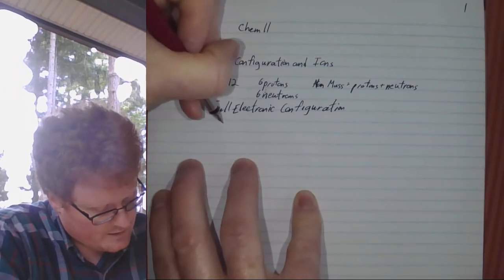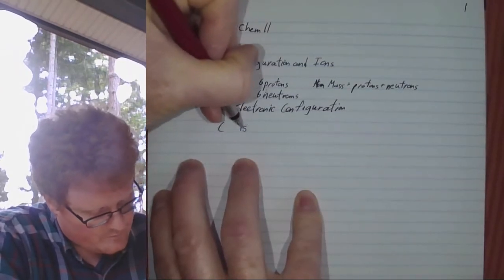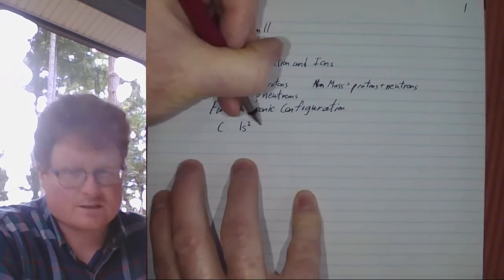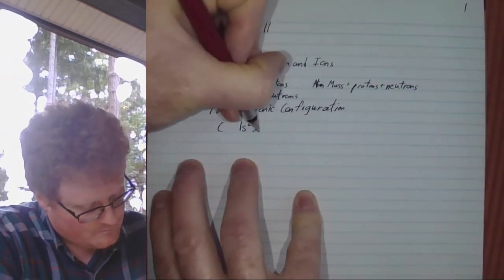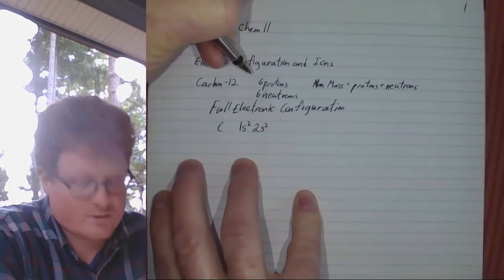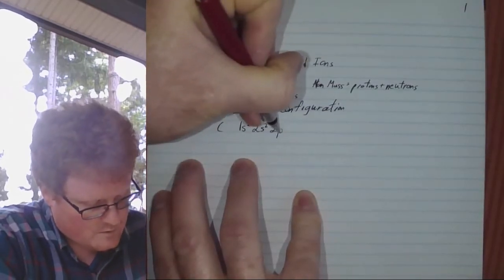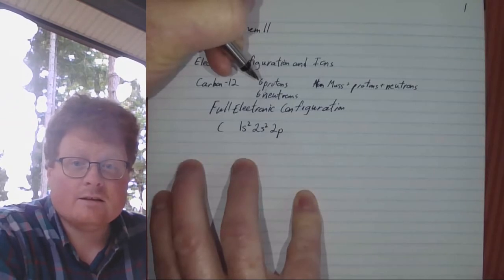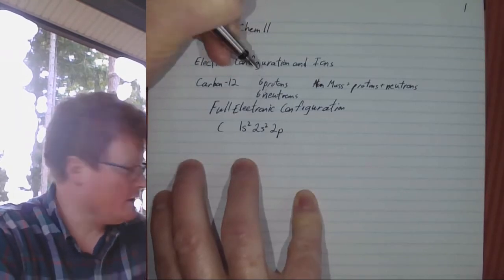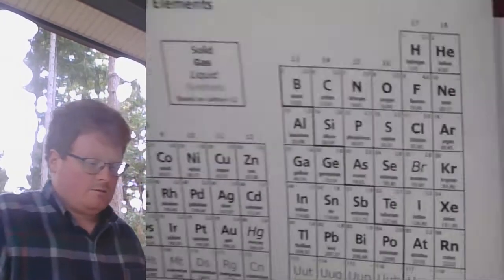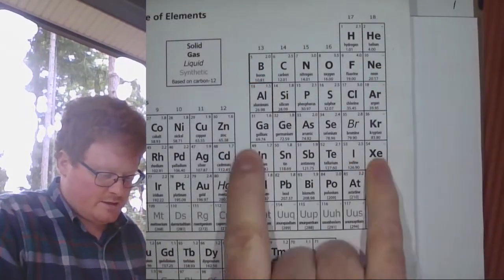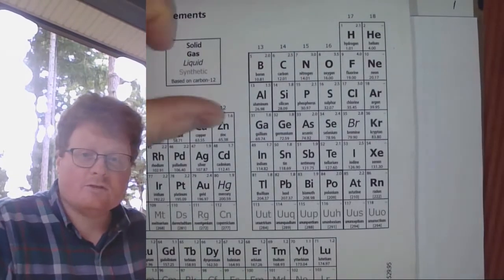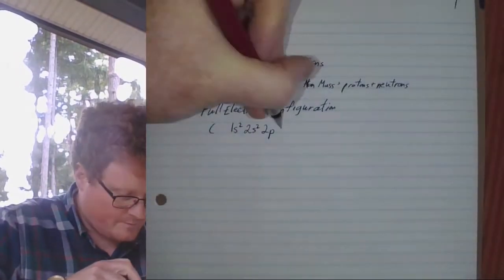So it's going to have 1s2, as every element has except hydrogen, 2s2, and 2p. How many over is it in the P block? This section is the P block. 1, 2. It's going to have 2p2. Awesome.